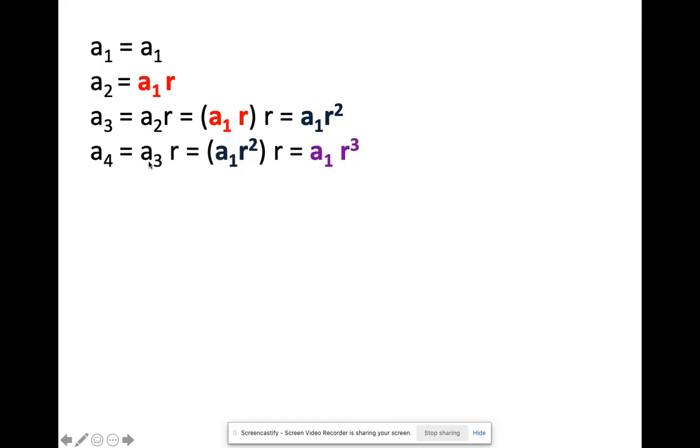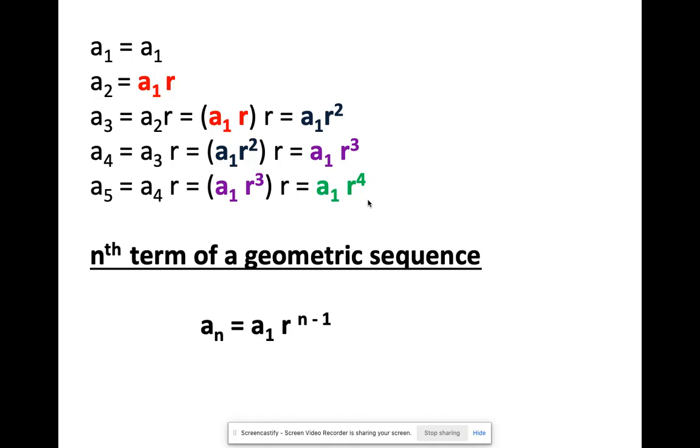a4 would be a3 times r, but a3 is a1 r squared. So r squared times r gives you a1 r to the third. So when it's a4, it's r to the third, which means when it's a5, it's r to the fourth. Generally, to find the nth term of a geometric sequence, a sub n equals a sub 1 times r raised to the n minus 1.